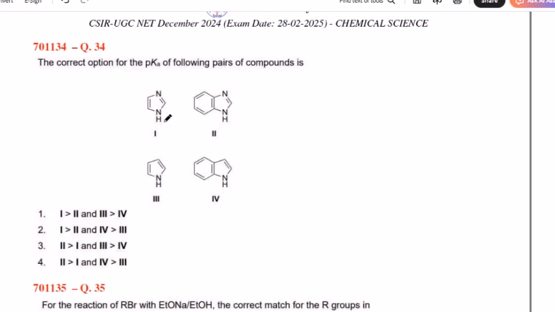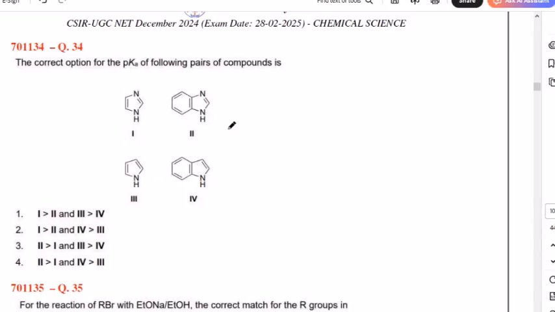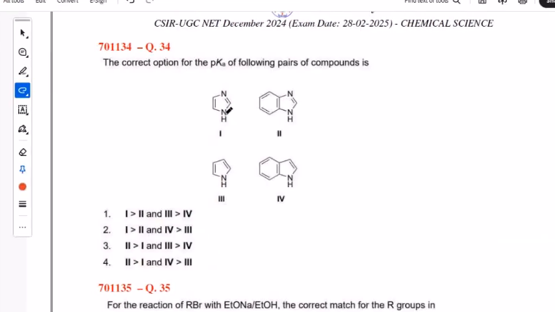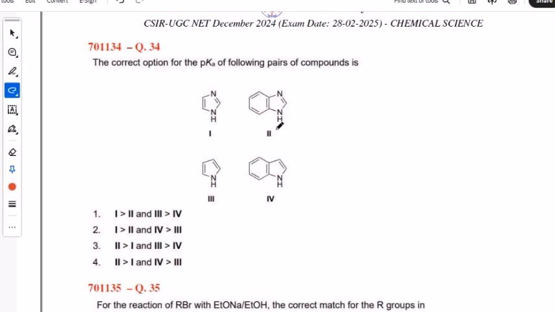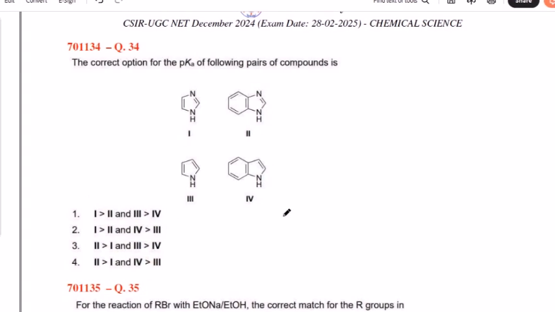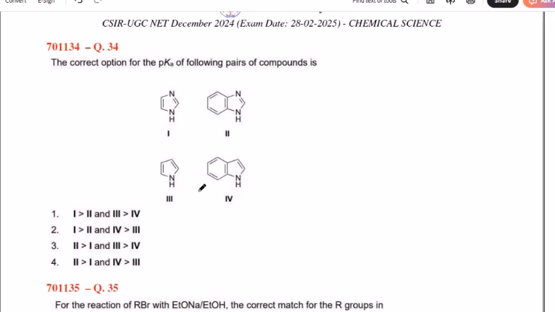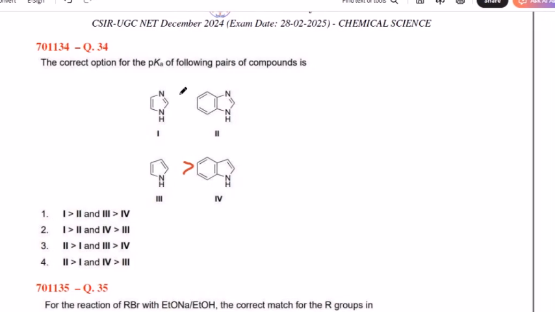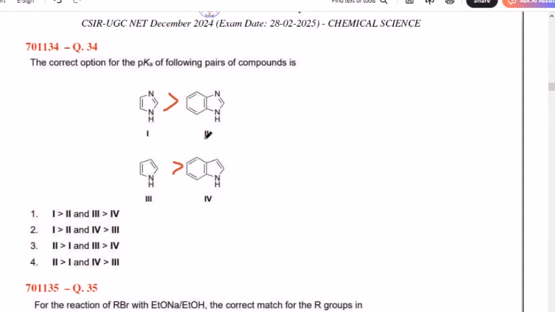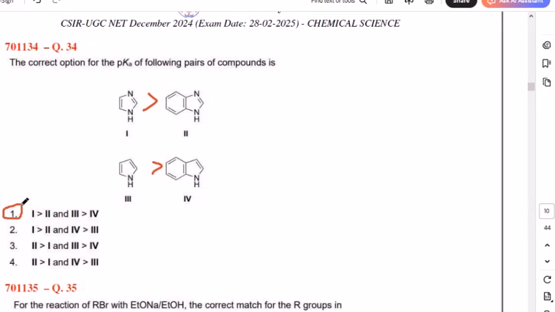When you take imidazole and benzimidazole, imidazole is going to be more basic than benzimidazole. So 1 is greater than 2, and among pyrrole and indole, 3 is going to be greater than 4. So 1 greater than 2, 3 greater than 4. Option number 1 is the correct option, friends.